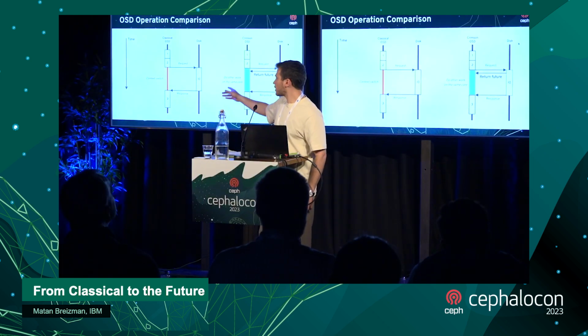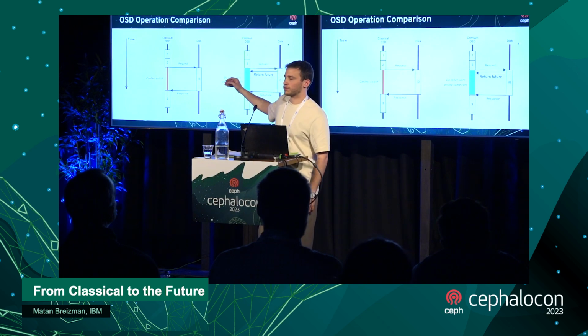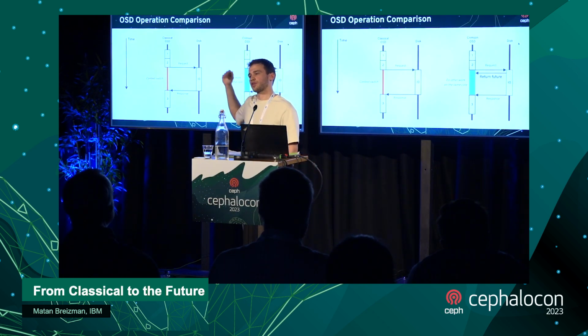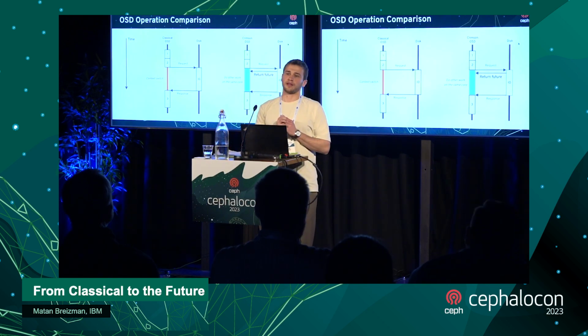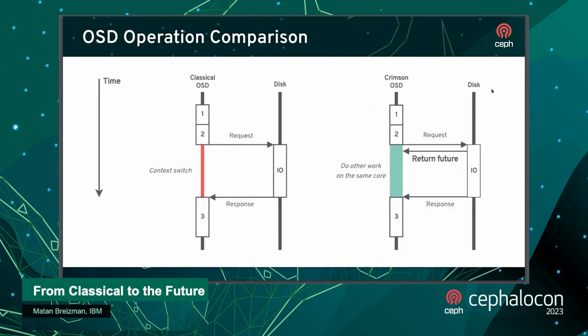I will start with classic. We have 1 and 2: 1 is checking for errors, 2 is finding the object context. Now let's say we don't have the object context in hand. We need to send a request to the disk to find the existing object context. So we make an I/O request to the disk.